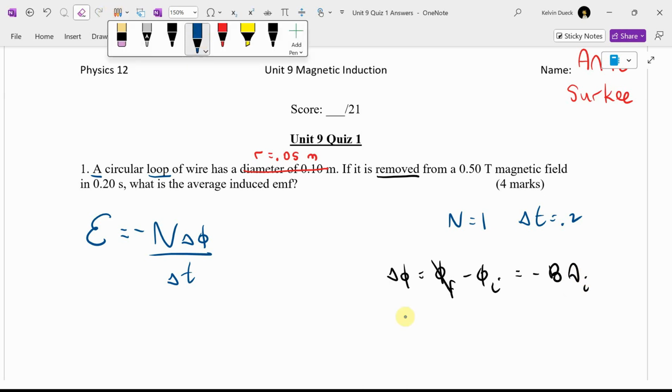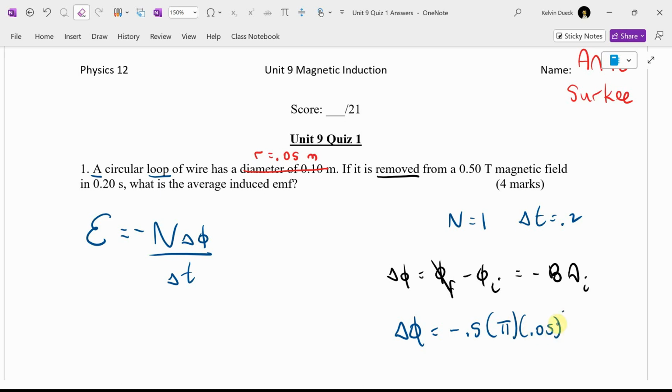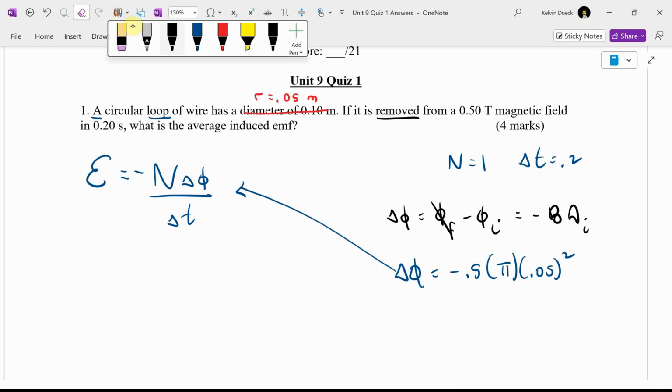I said, okay, the change in flux is going to be negative B, which is 0.5, times A. It's a circle, so it's going to be pi r squared, which is pi times 0.05 squared. And I walked that over to here. I said, okay, now I'm good to go.